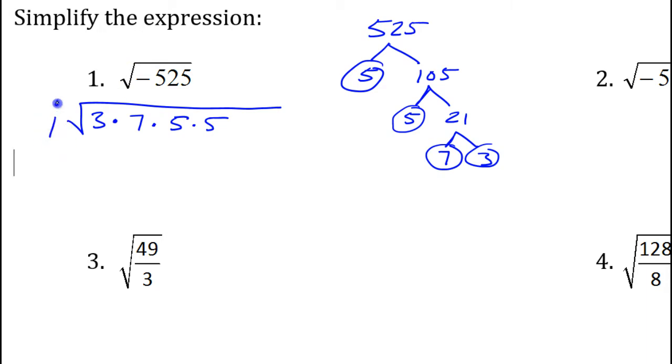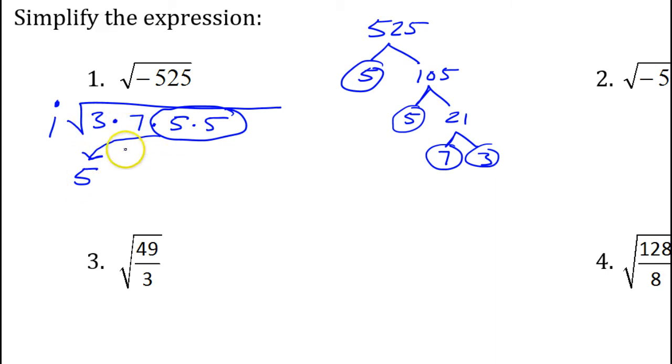Because of the negative, I'm going to go ahead and put the i. Now, this pair of 5s is a 25, and the square root of 25 is 5. So on the outside of the radical, this is going to become just a single 5, because the square root of 25 is 5. So I use these pairs to become a single.